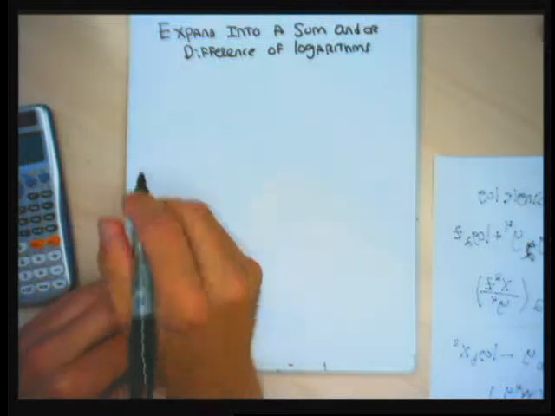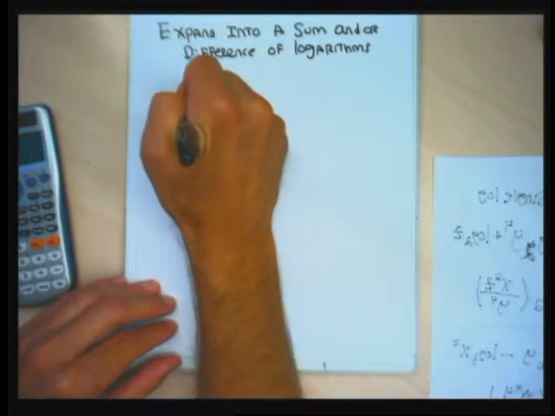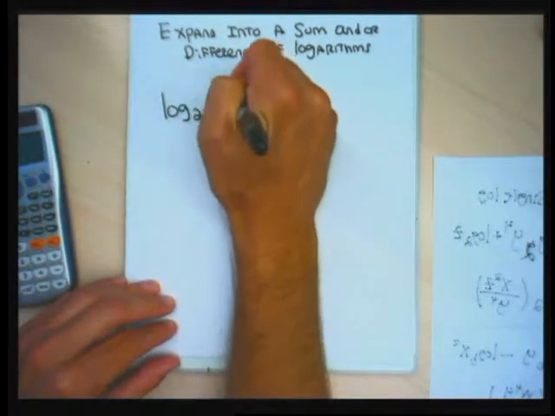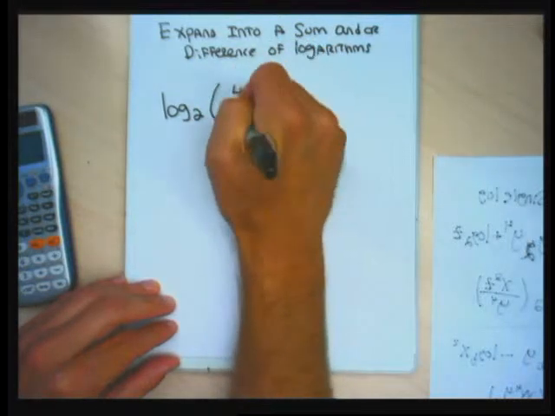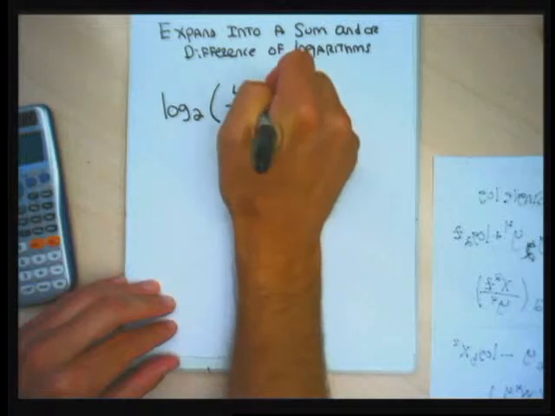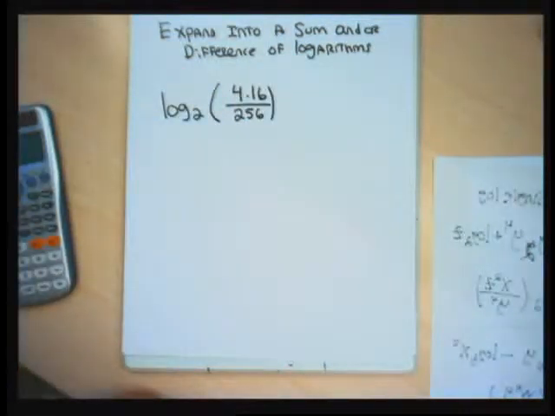So I'm going to start with one logarithm. I'll do it with numbers first. The log base 2 of 4 times 16 over 256. This is one logarithm, and I want to expand this into as many numbers that are being multiplied, so I want to expand it into 3 logarithms.